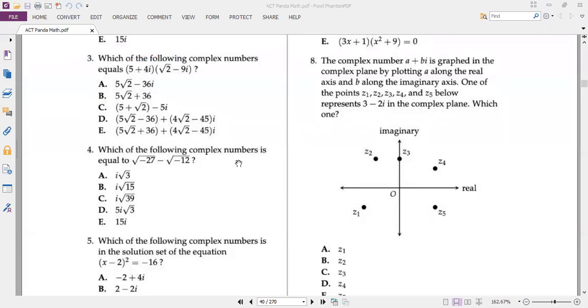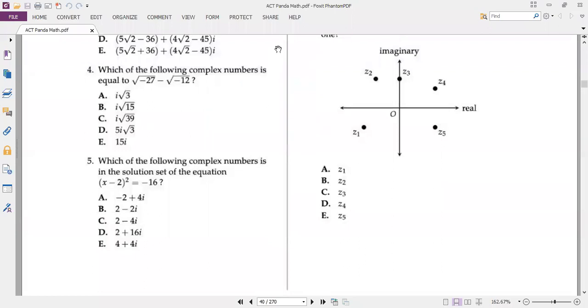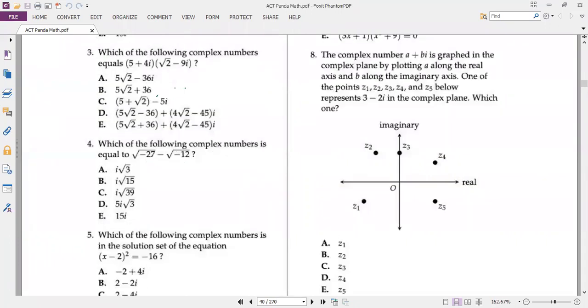We go to number 4. Which of the following complex numbers is equal to this one? By the way, let's try number 3 with a calculator. Sometimes you need to go to mode and press 2 for complex numbers on the screen. In many calculators, it's not necessary to do these steps.